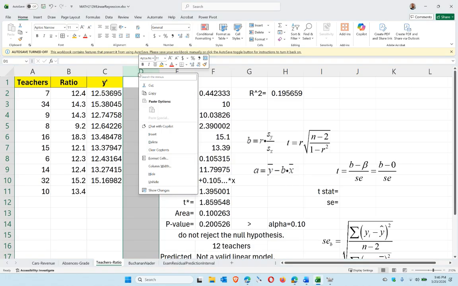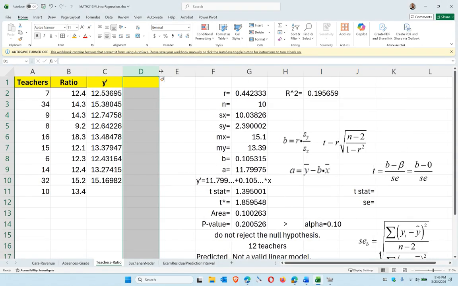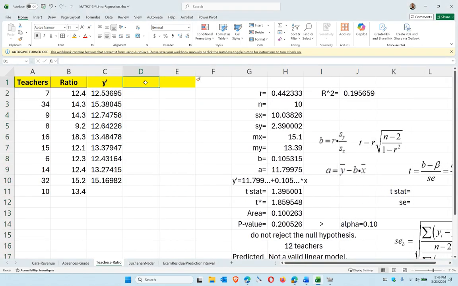Drag that down, insert, insert. So this one is y minus y hat, observed minus predicted squared. All right, and this one is observed minus the mean squared.